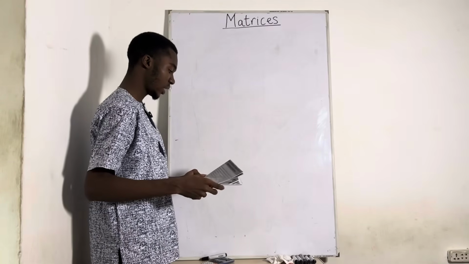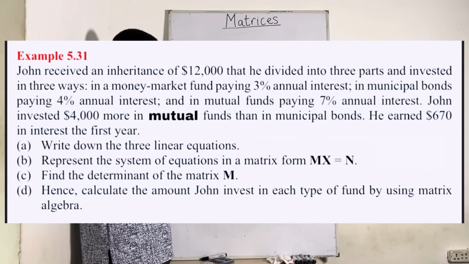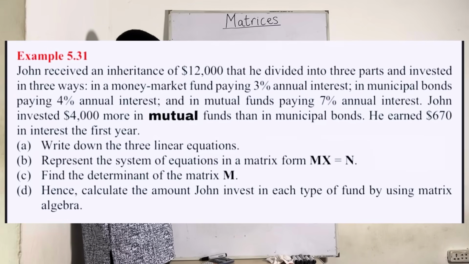So the question says, John received an inheritance of $12,000 that he divided into 3 parts and invested in 3 ways. In a money market fund paying 3% annual interest, in municipal bonds paying 4% annual interest, and in mutual funds paying 7% annual interest. John invested 4,000 more in mutual funds than in municipal bonds.